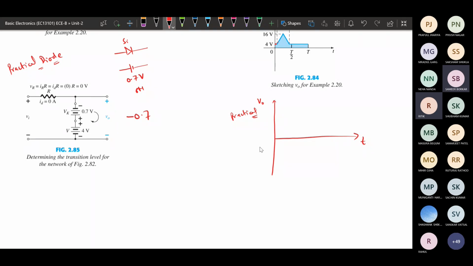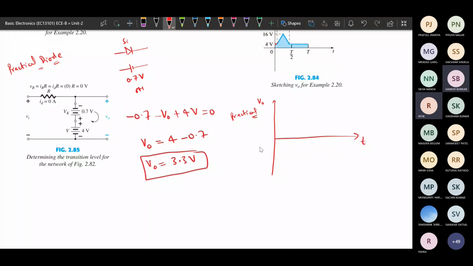Then exiting voltage is negative, so negative V naught. Again we are moving here, the exiting voltage is plus, so plus 4 volt equals 0. So from there we get V naught equals 4 volt minus 0.7. So the output voltage that we will be getting is 3.3 volt.